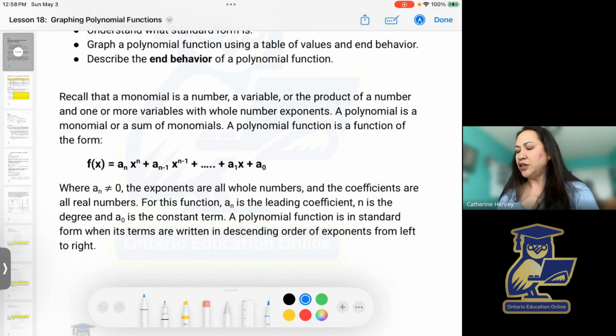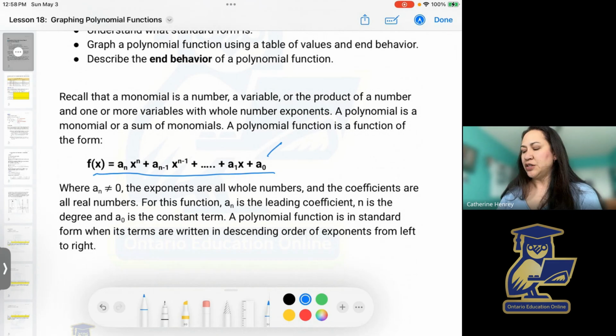A polynomial function is a function of the form f of x equals a_n times x to the power of n plus a_(n-1) times x to the power of n minus 1, and so on and so forth until you finally get to the constant term, which is a naught.